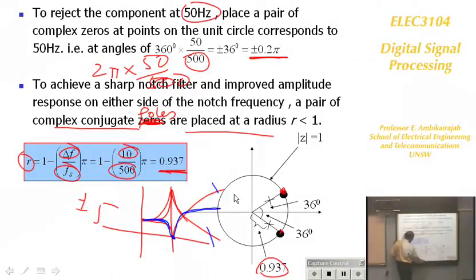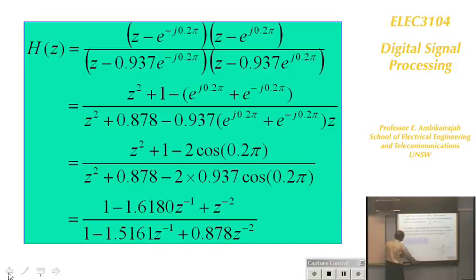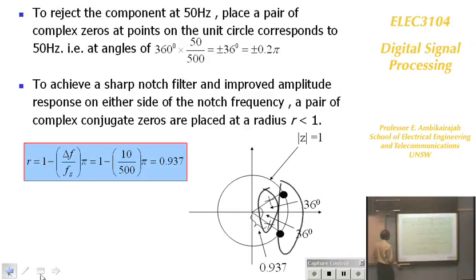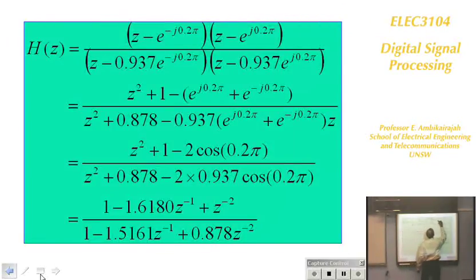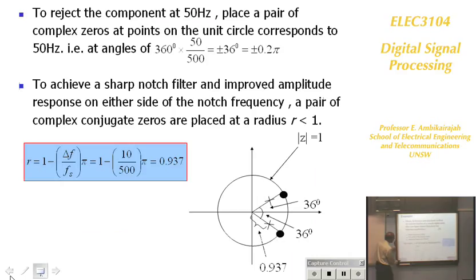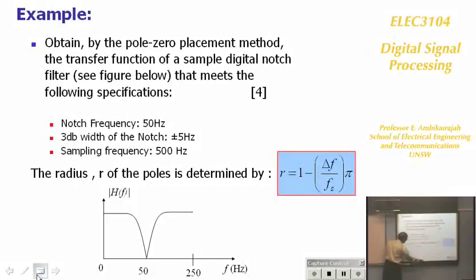This will be the same. So if you look at the overall response, you can write the transfer function. For this, you write that one first, then you write that one, and if you do that, you get zeros at that point, and r is not equal to 1, and that's the pole. If you multiply them out, that is your transfer function. You can see the transfer function, and this is the frequency response.